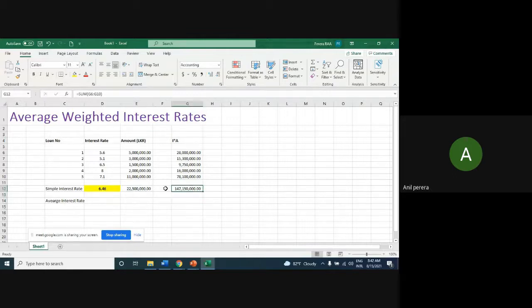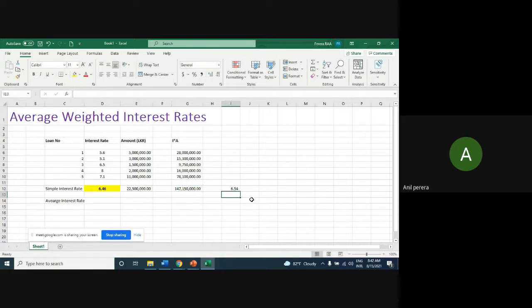Both of these are sums, meaning you have taken the total. Now from this it's very easy to calculate the weighted average. You simply divide the total of the products by the amount total.